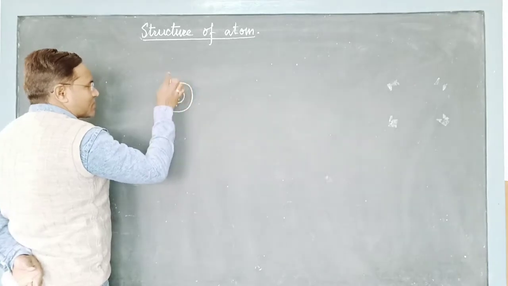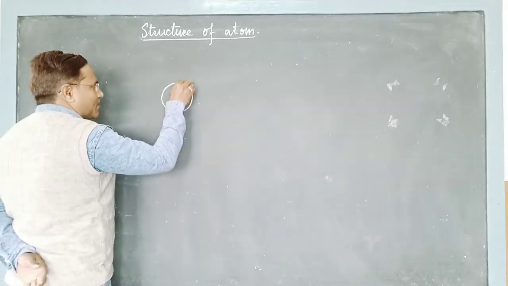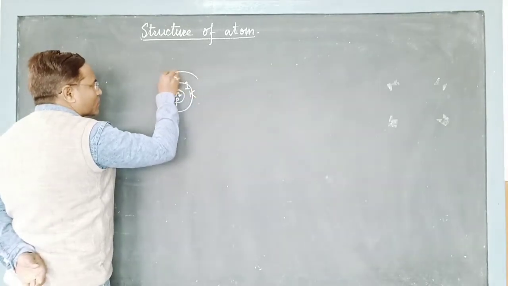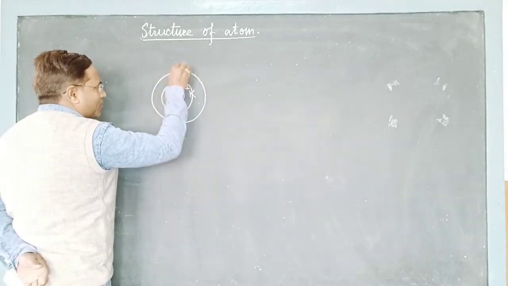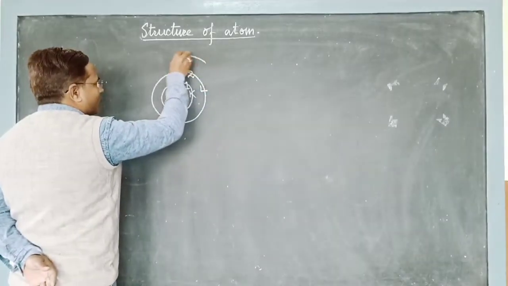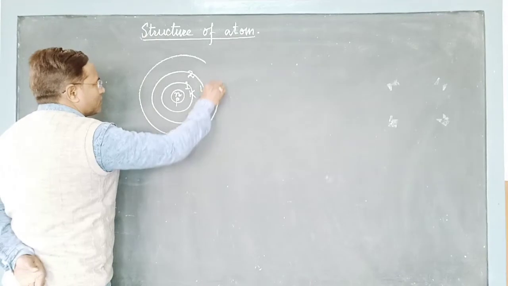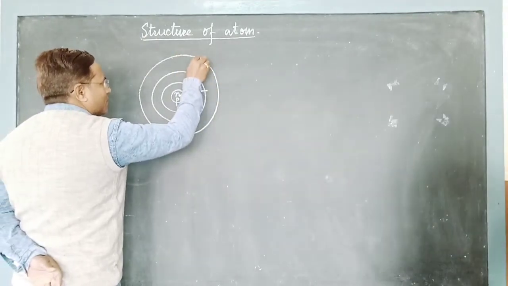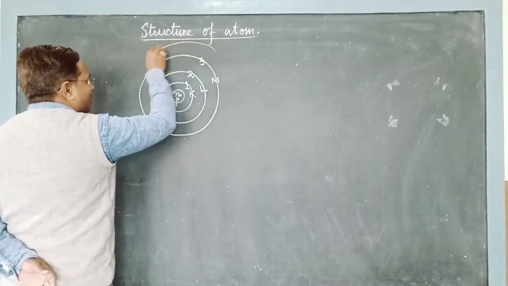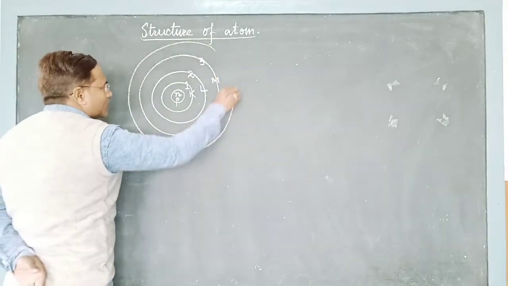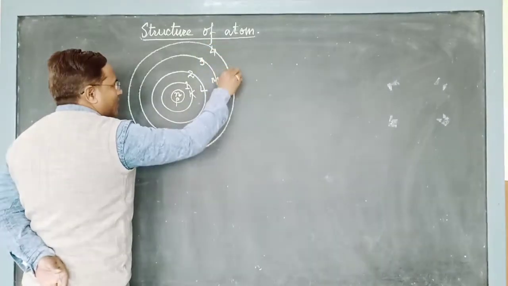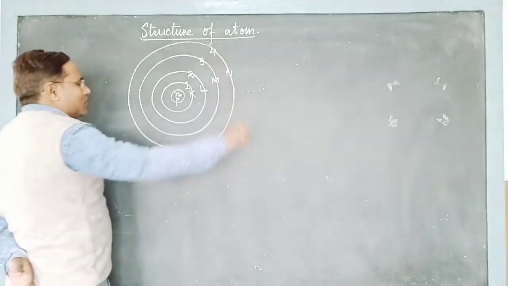This first shell we will call shell number 1, or we can name it as K. Next one we have shell number 2 or L. Then next we have shell number 3 or M. Next we have shell number 4 or N, and so on.